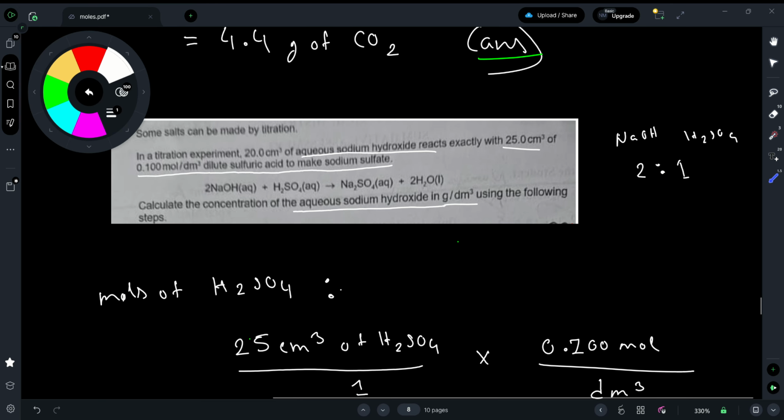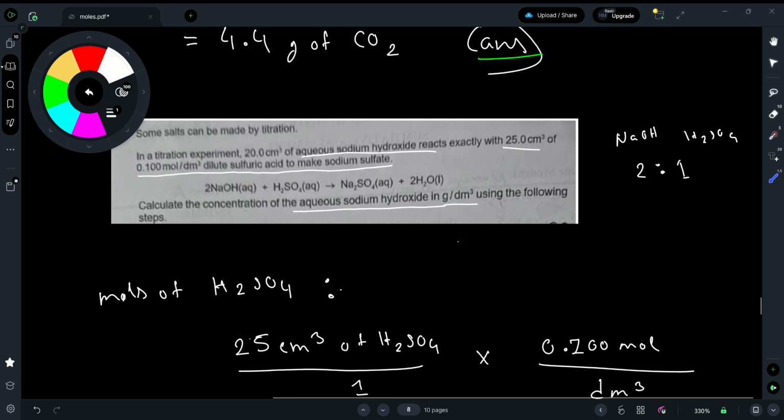Now you can cross your dm cube, so 0.025 into 0.400 gives you 0.01 moles of HCl.